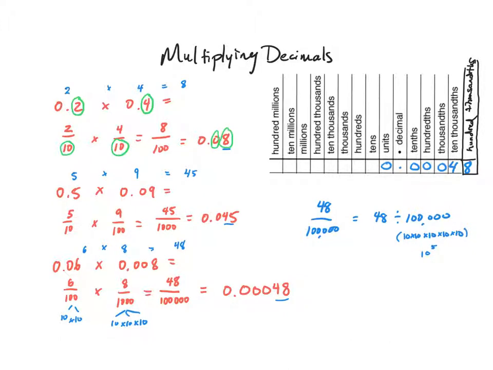Because I had 1 tenth and 2 tens here, that tells me I needed to move it over 1, 2, 3 tens. And because I have 2 tens and 3 tens, I needed to move it over 5 tens, 1, 2, 3, 4, 5 tens here.